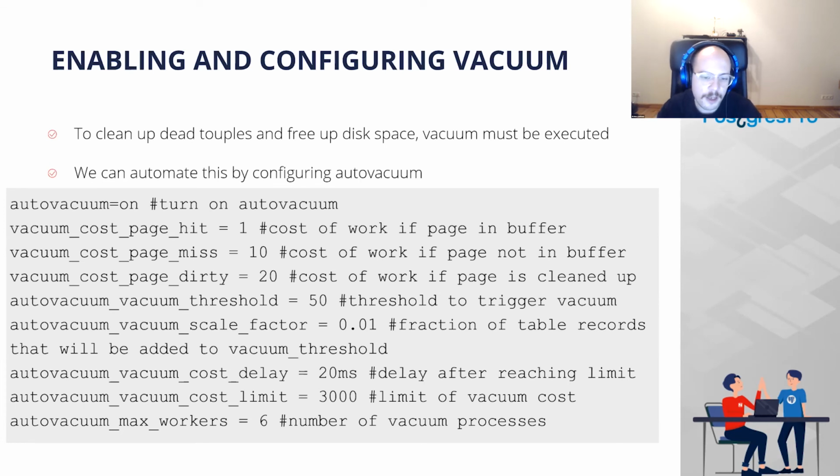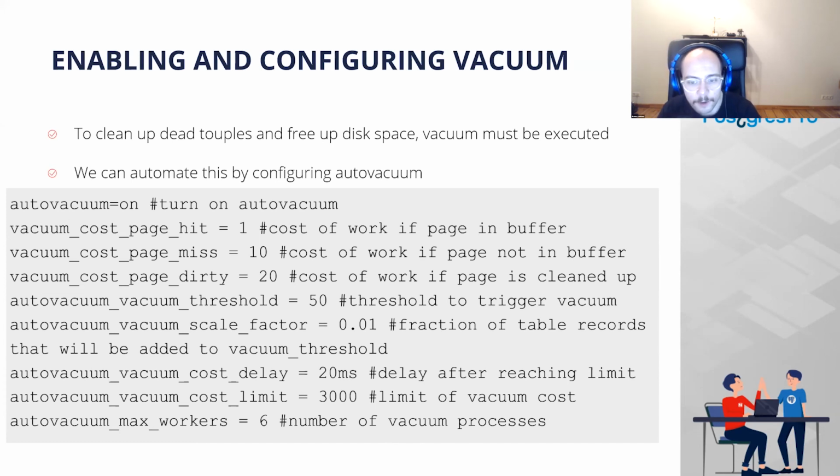And once we reach the cost limit, which is 30,000 in this case, and this depends on the performance, by the way, the better the performance, the higher the limit you can probably have, we will wait for 20 milliseconds, which is the delay over here, and then we'll execute the next vacuum.